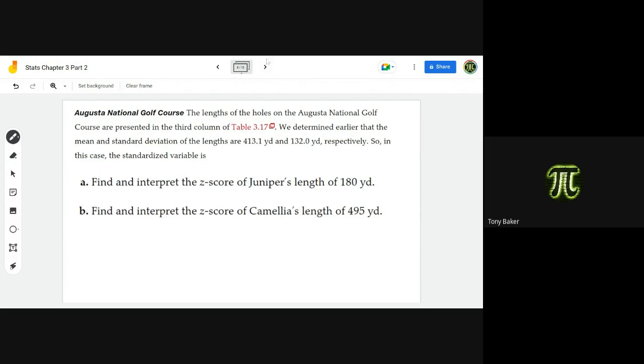So remember I said the z-score was the value that we're looking at. So in this case, that's 180, minus the mean, which is 413.1, divided by the standard deviation, which is 132.